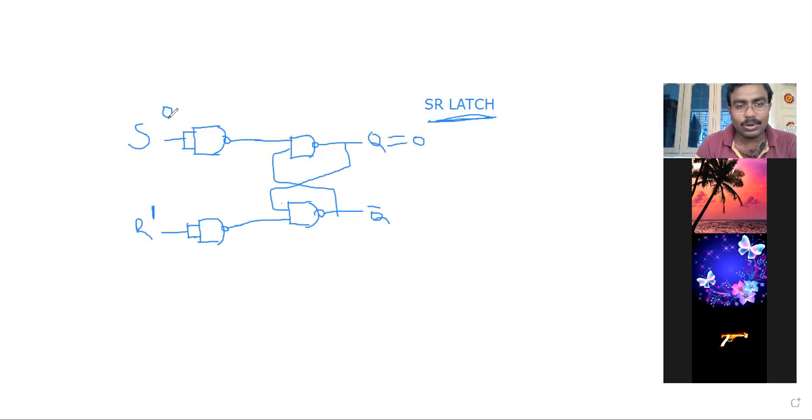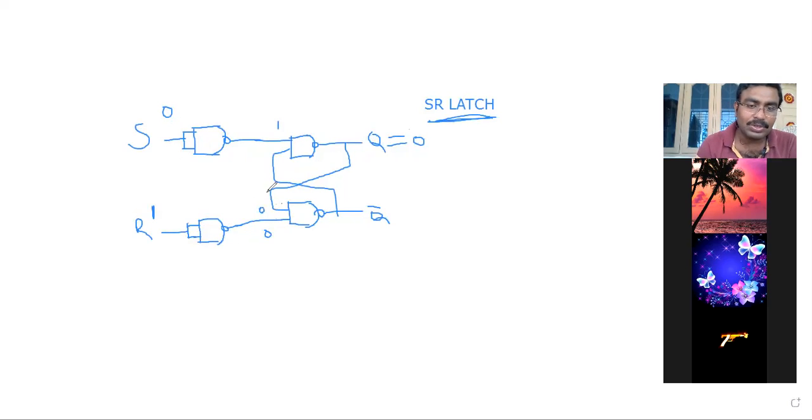According to the condition, when S equal to 0 is passed through the NAND inverter, I'm getting 1 here. And when R equal to 1 is passed through the NAND inverter, I'm getting 0 here. Let us assume that my previous state is 0. That 0 is passed through this path and reaches here.